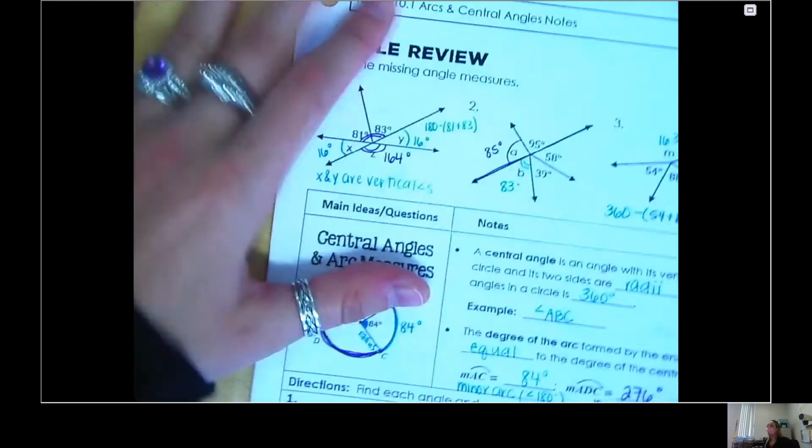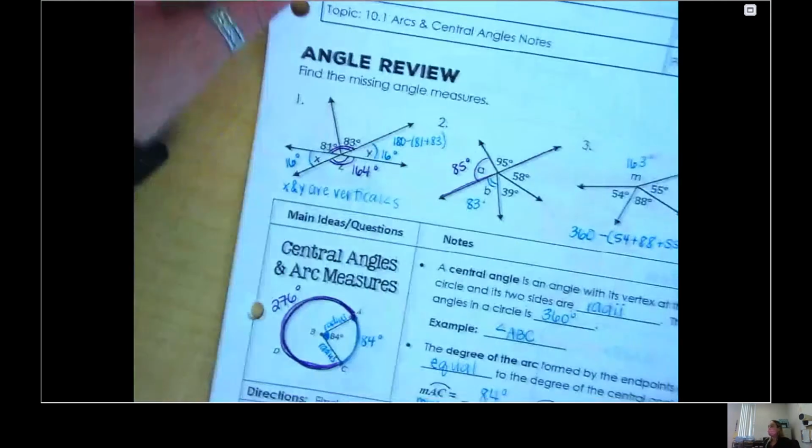Or you can take the whole circle, which is 360, and subtract the piece that you're not using. So we weren't using that bottom piece, the 21 piece. So we just subtracted. So you can add up all the pieces together, or you can subtract the piece that you're not using from 360 to find the major arcs.